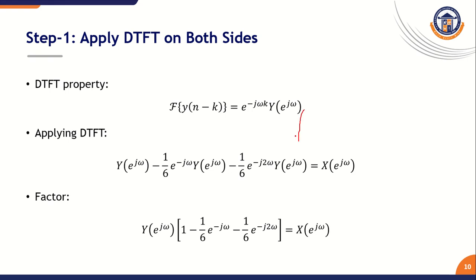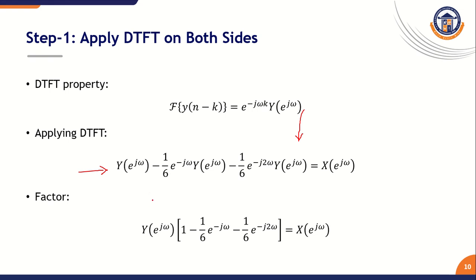Using this property, we apply the DTFT on both sides. Finally, the difference equation is transformed into an algebraic equation. Through this equation, we can find the frequency response, impulse response and output response for the given input.